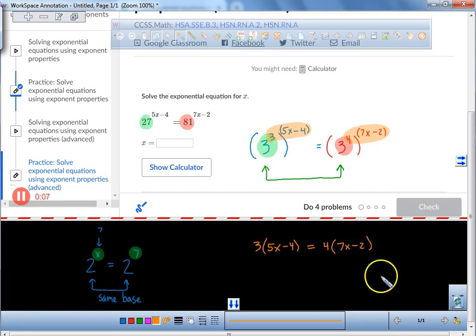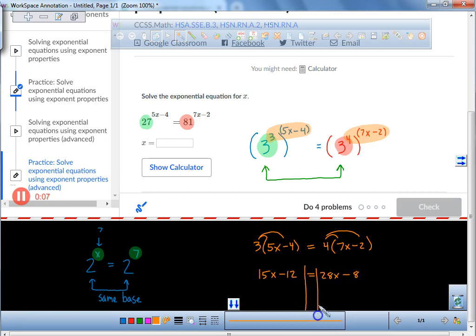And I close it. Now once we do this, what do we have to do? We have to do the distributive property, right? Why are we doing this? Because we have a power to a power, which means you have to multiply. So I have 15x minus 12 equals 28x minus 8.